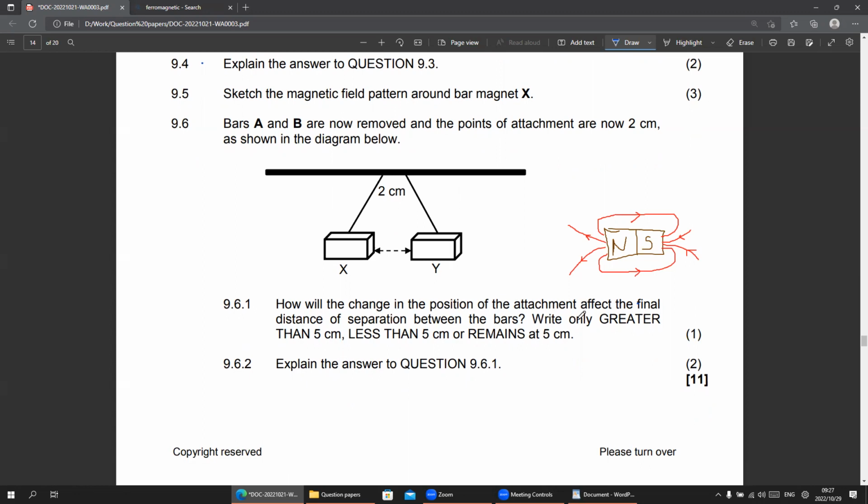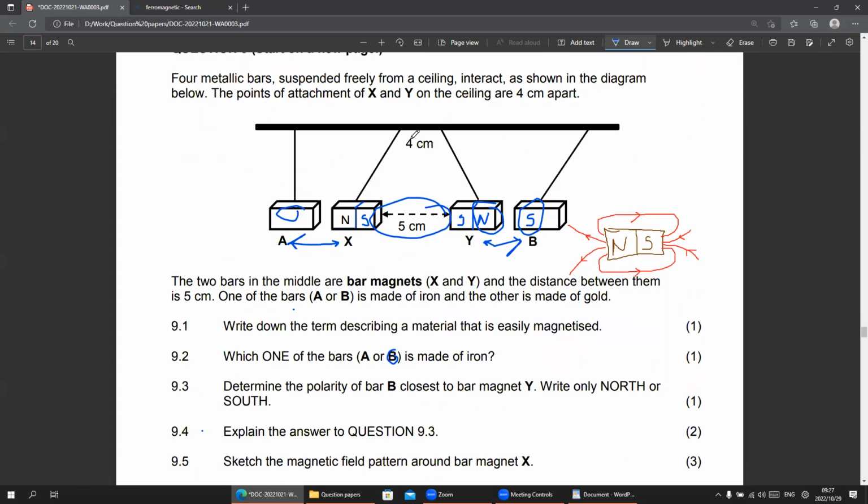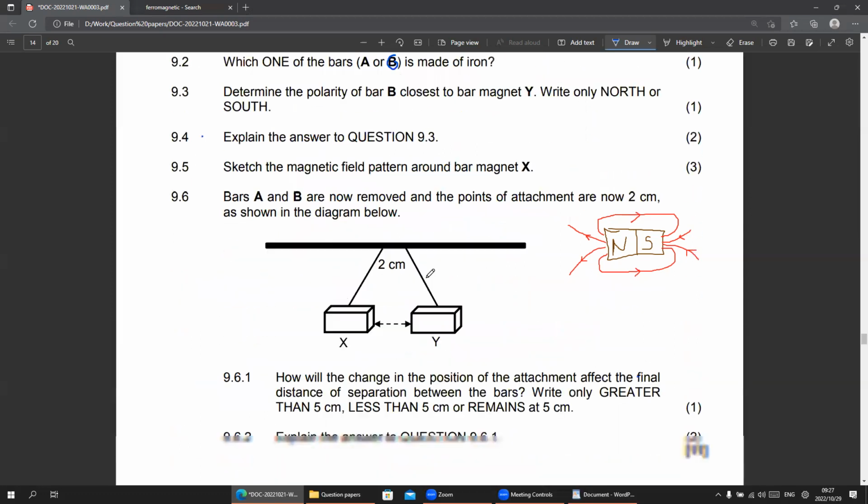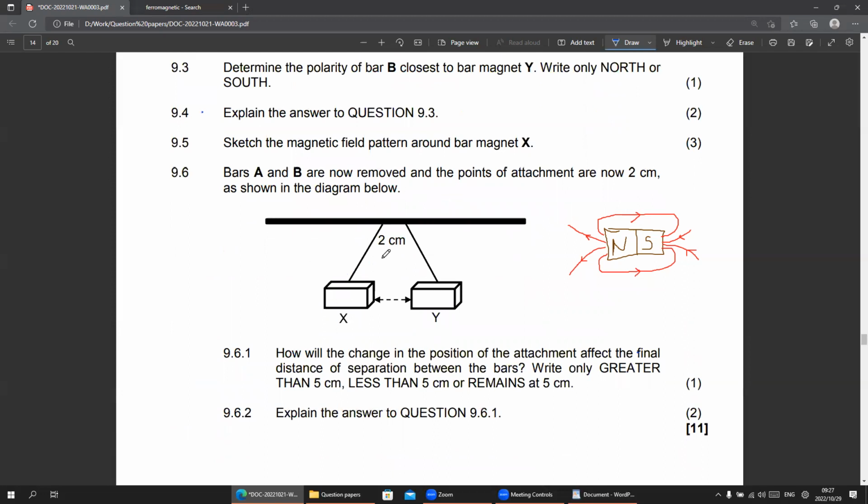Is it going to be greater, less than, or equal to 5 centimeters? So you can see here, the distance is 5 centimeters. But now they brought them closer. Do you think the distance between them is going to be 5 centimeters, less than 5 centimeters, or more than 5 centimeters?